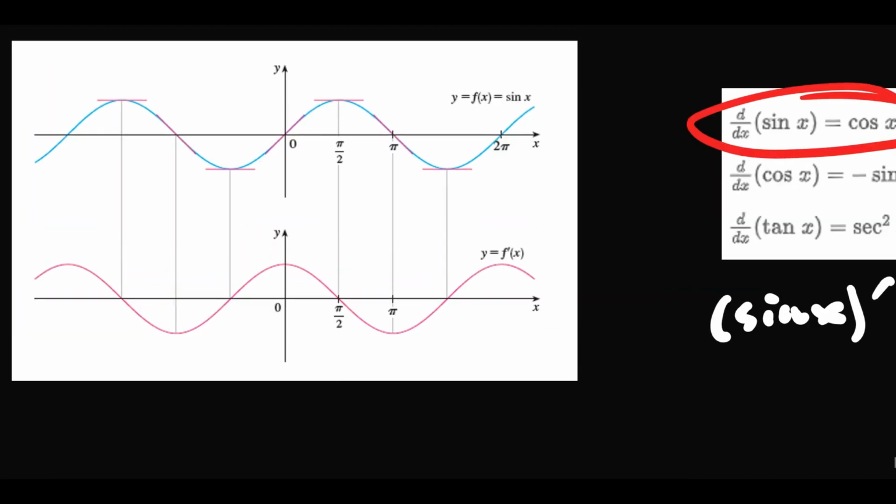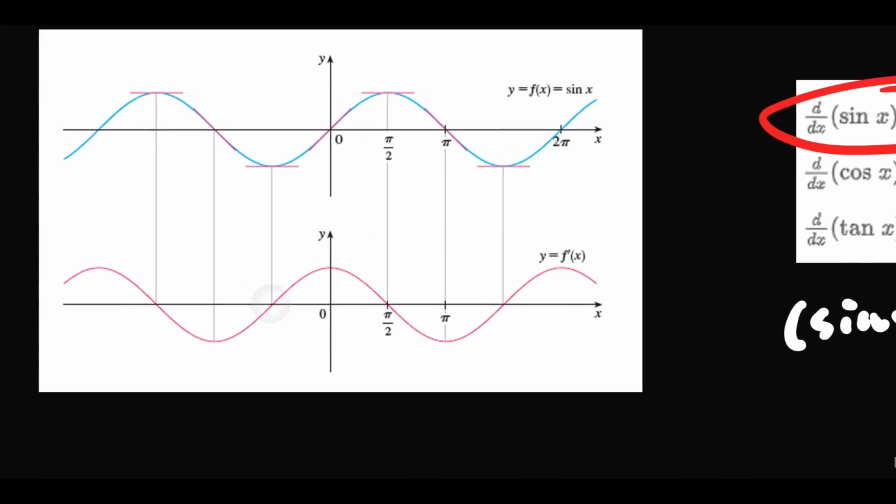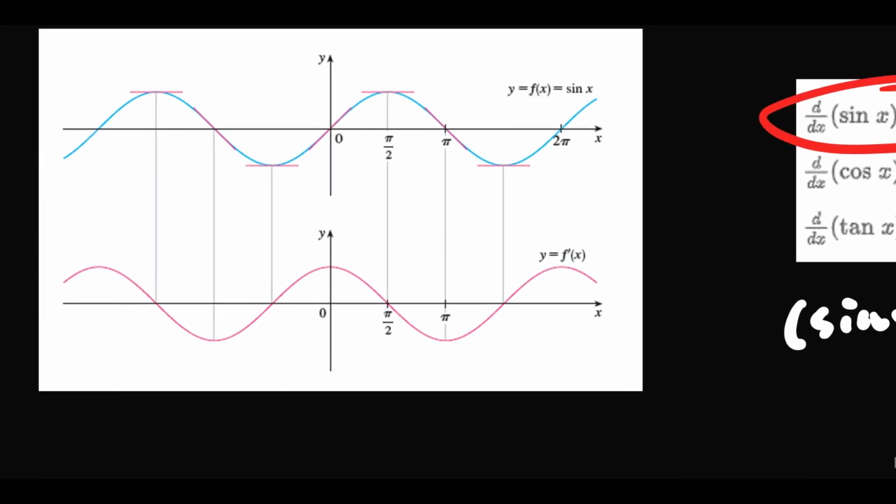If you look at the derivative of sine, the values of these tangent lines give you another function. That other function is positive here, 0, and then negative. That's the slope of the tangent lines.